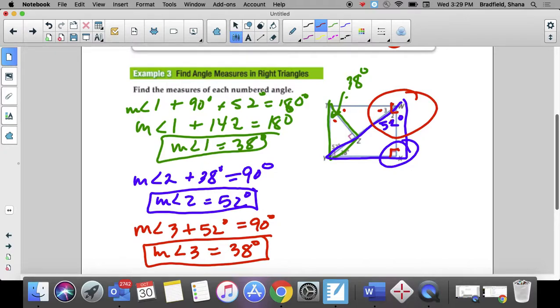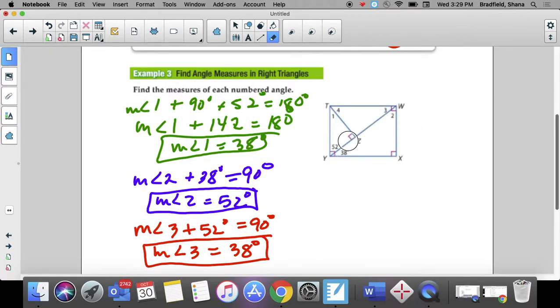Now for angle 4. I'm going to erase some of this so that I can get to angle 4. Here's some things I know. I know that this is a right angle because it's right next to another right angle and it's a linear pair.